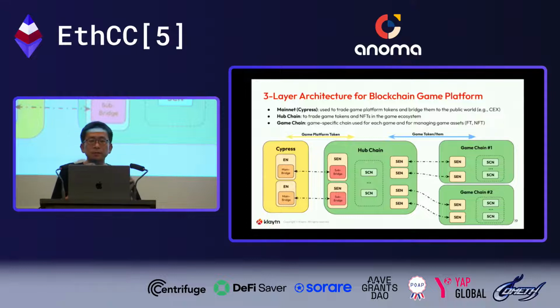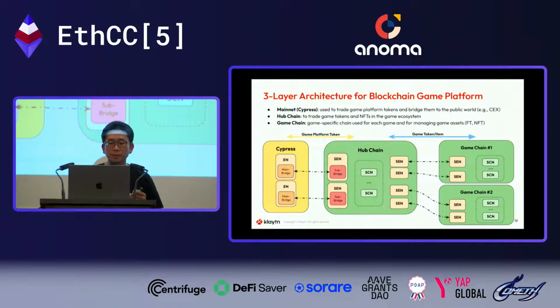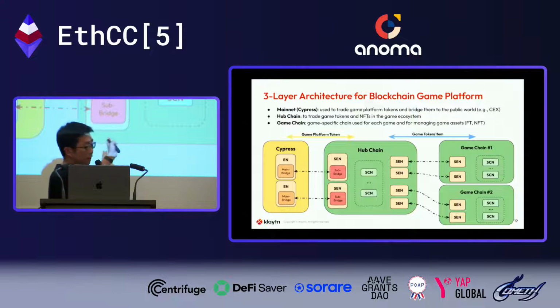But with this concept of hybrid architecture, we designed a 3-layer architecture for a blockchain game platform. So we have a mainnet on the left side, and we have a hub chain, and that is issuing the game platform token. Also, the hub chain is used to trade game tokens and NFTs in the game ecosystem.